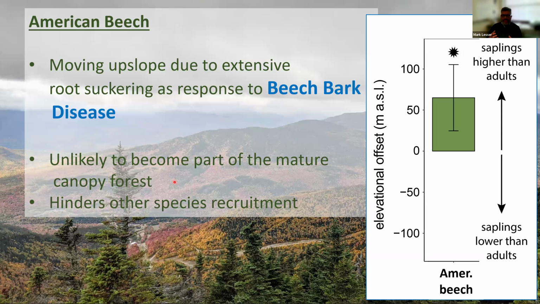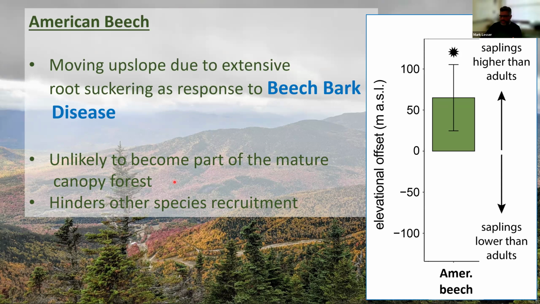They're going to be infected by beech bark disease in the sapling stage, and most of them are not going to potentially make it to the adult canopy positions that they have historically occupied.